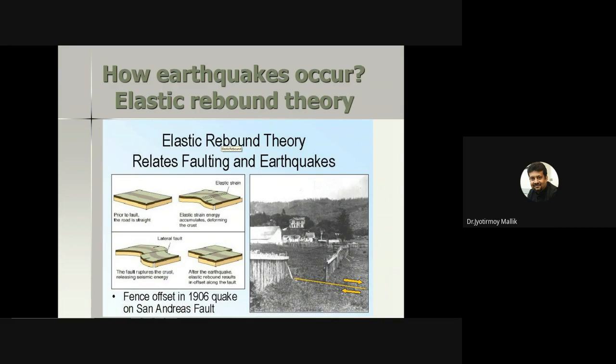Once you let go, when you unstress that spring, because of its elastic property it immediately comes back to its original position. It springs back, and that springing is elastic rebound. Once it gets back to its original position, it releases a lot of energy. This is what we call elastic rebound theory.